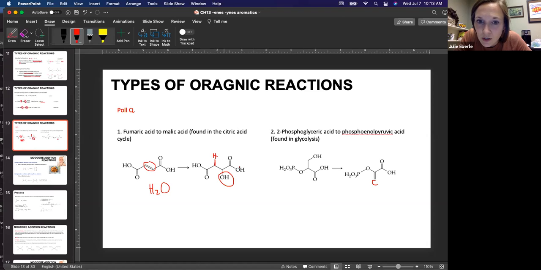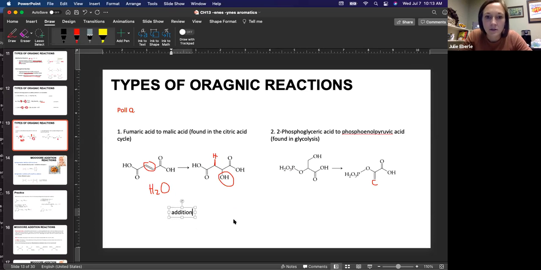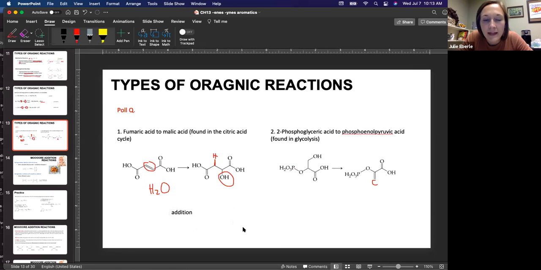We show oxygens, we show atoms like phosphorus, we show electronegative atoms. But if something's being added, it's not shown, it must be hydrogen. So hydrogen's being added here and OH is being added here, and it's eliminating that double bond. So we're adding water. That's what makes it addition. This is an addition reaction. And that's what we said on addition, is that you have an unsaturated reactant, you're making a saturated product.